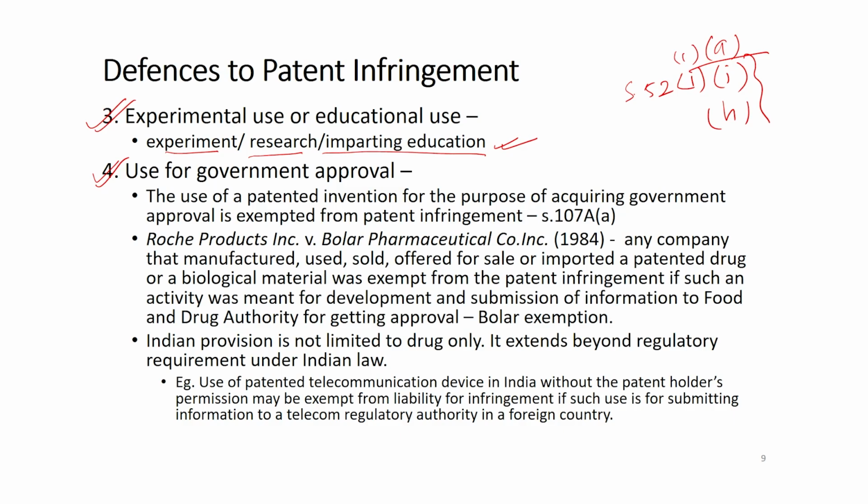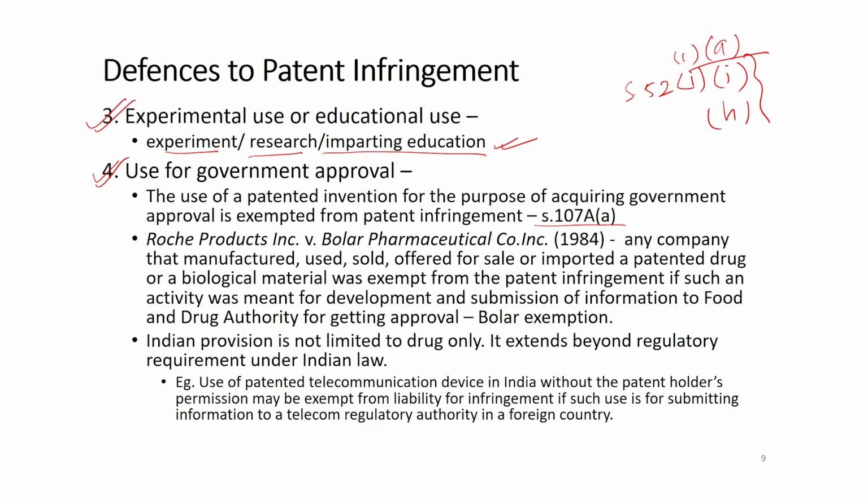This is an important exemption. The use of a patented invention for the purpose of acquiring government approval is exempted from patent infringement. We have this clause in section 107A. Let me explain this point.